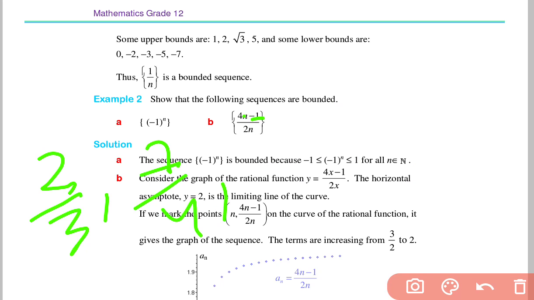For n = 3: 4 times 3 is 12, 12 minus 1 is 11, over 6.